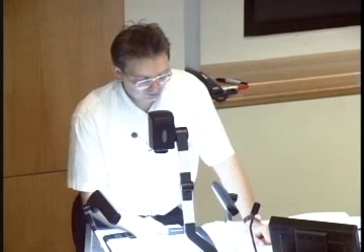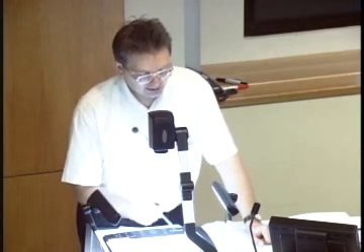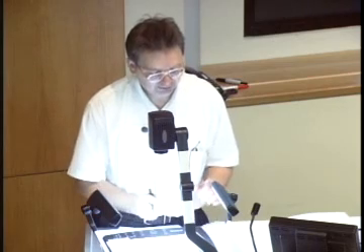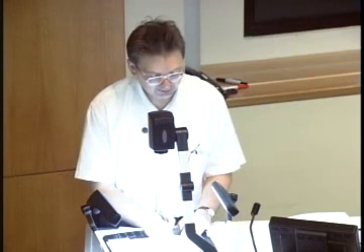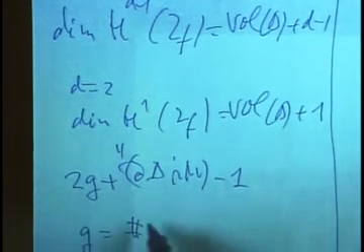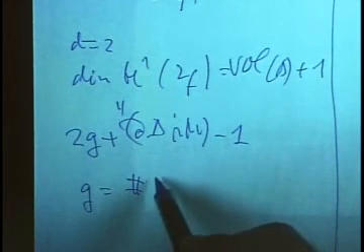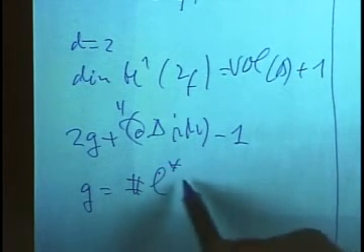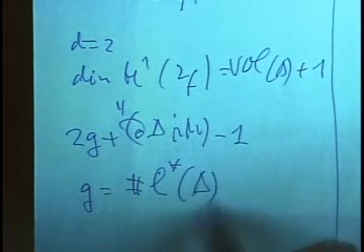I explained how to compute the dimension of cohomology, but there are some interesting pieces in cohomology, namely that half of the dimension, the genus, can be computed. It's another result of Khovanskii: it's the number of interior lattice points in delta.